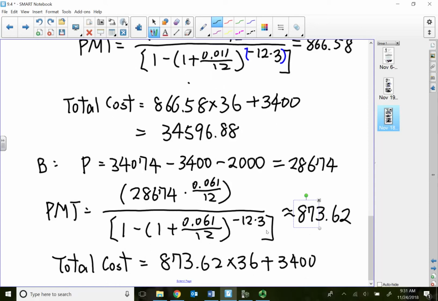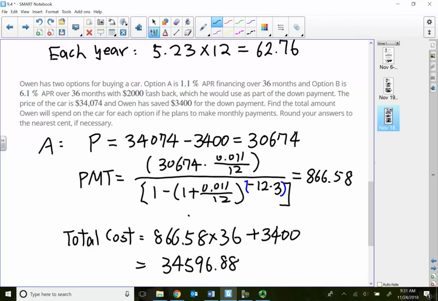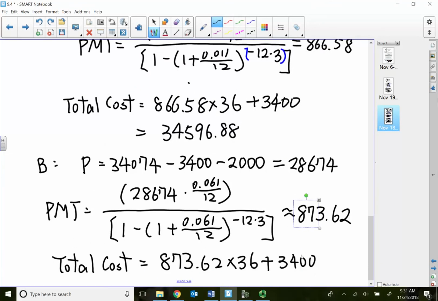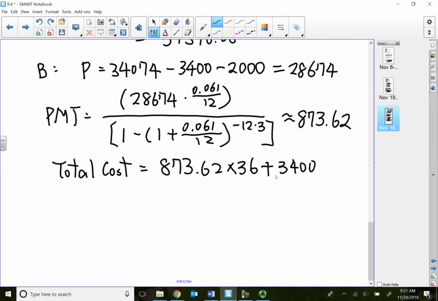He never spent that money. The cash back money was given to him, so it's not part of what he actually spent. That's why we don't have to add the 2,000. Just add what he actually paid as a down payment. So this is the total amount he actually paid. If you put it in a calculator, the answer will be $34,850.32.